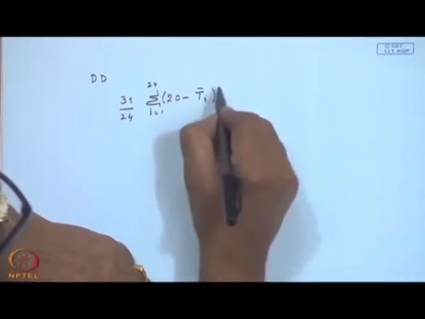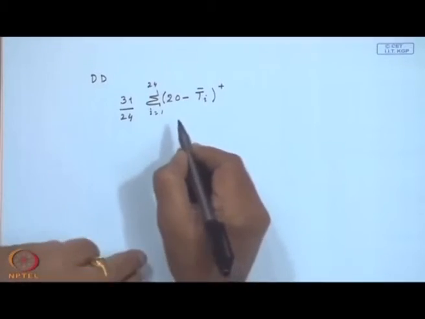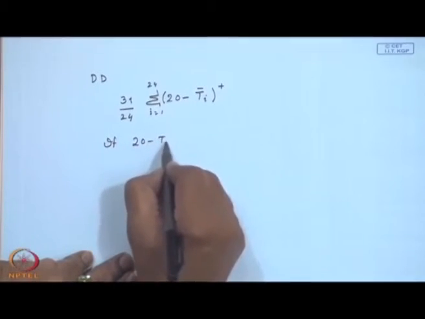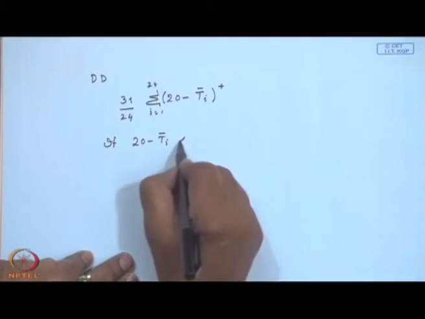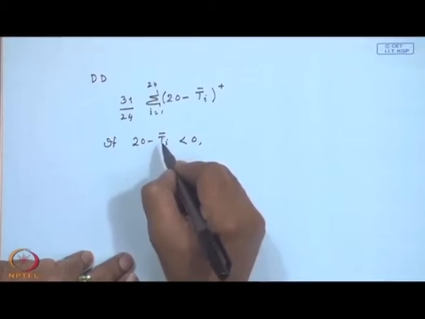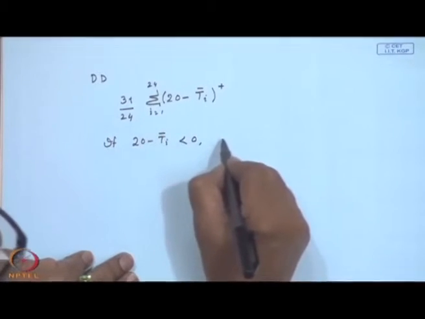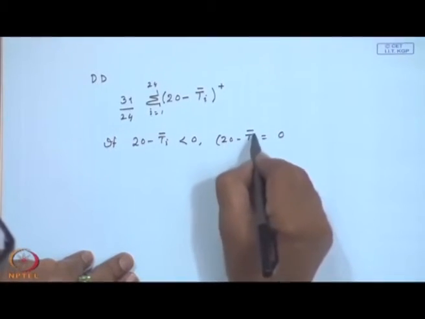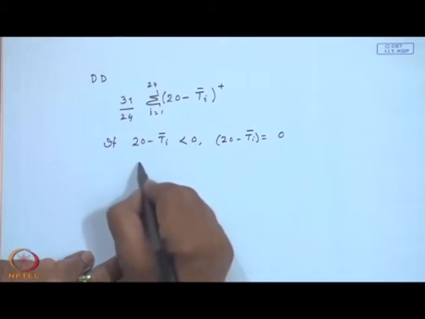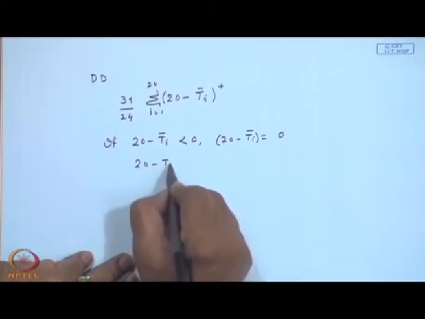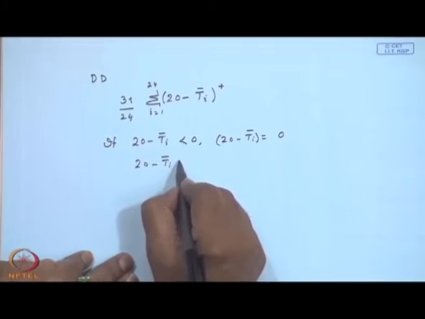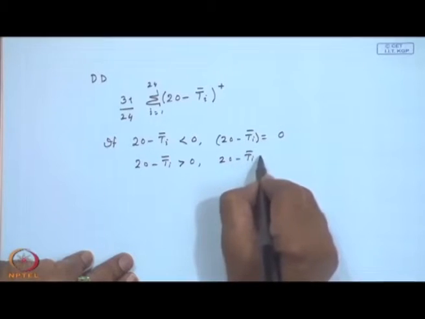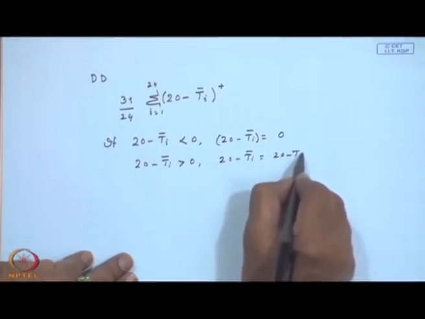And in fact, to be precise, I can put a plus: if 20 minus T I bar is less than 0, that means T I bar is more, and no heating is required. So, 20 minus T I bar will be considered as 0, and if 20 minus T I bar is greater than 0, then the plus of 20 minus T I bar equals 20 minus T I bar. Okay.